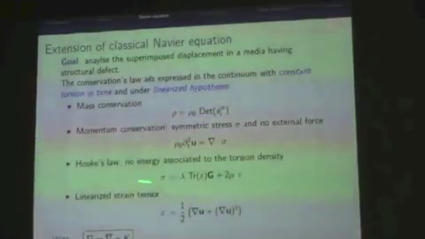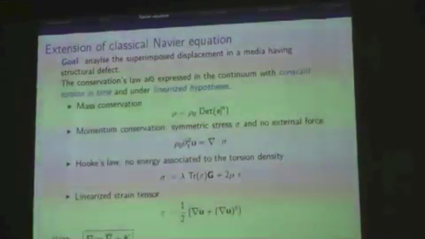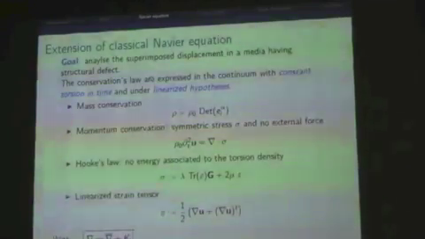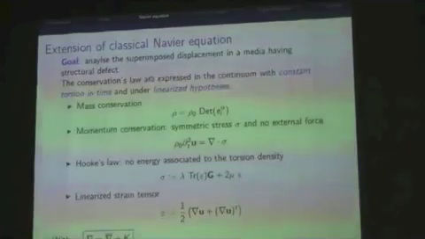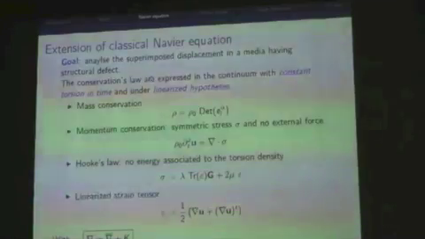For Hooke's law, we have only the elastic strain energy, because the wave does not introduce new plastic transformation. And we have the classical linearized strain tensor. All these equations are written with this connection.